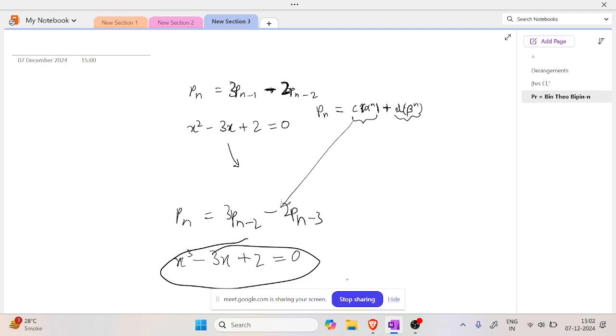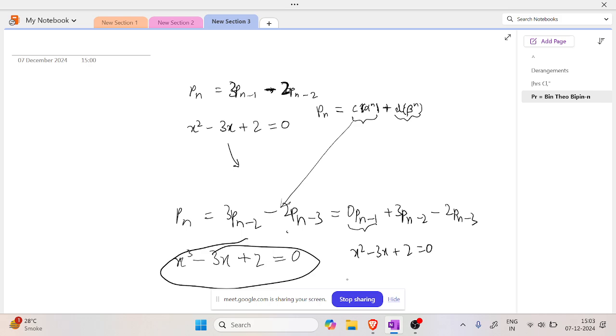What I wanted to illustrate is that you need to write it as the sum of all its predecessors, like 0 p n minus 1 plus 3 p n minus 2 minus 2 p n minus 3. So instead of x square minus 3x plus 2 equal to 0, here it will be x cube minus 3x plus 2 equal to 0, because you need to divide by n minus 3 instead of n minus 2.